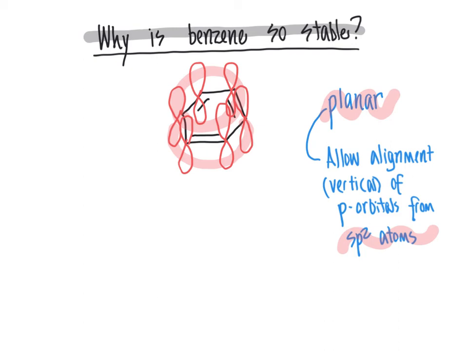So what will happen here is that the fact that the system is planar and allows for the electrons within these p orbitals to be totally aligned is going to create a system where the electrons within these groups all occupy low energy bonding orbitals.